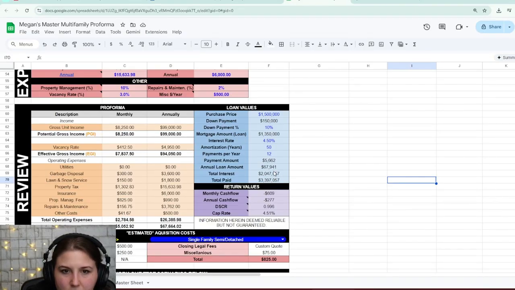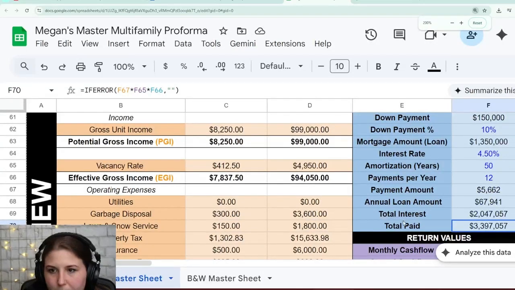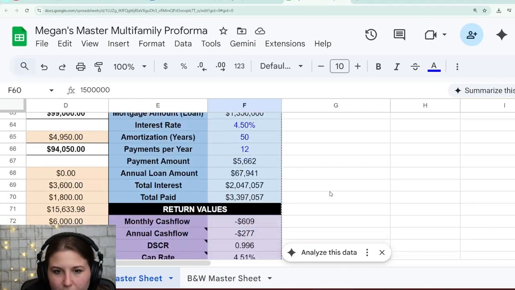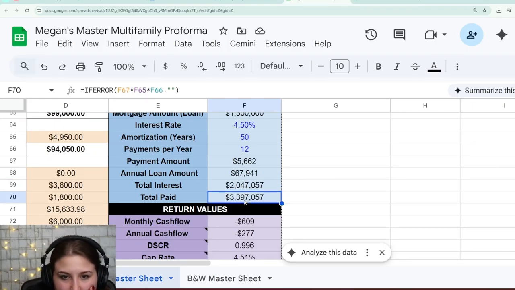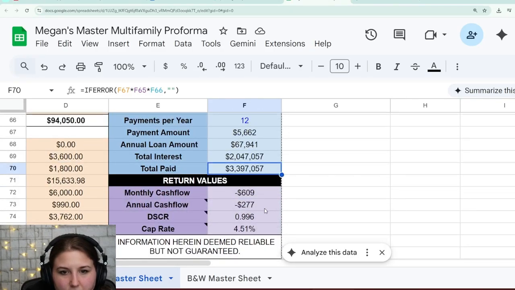Total interest paid. Total paid. This is what they don't tell you about with 50-year amortization. Look at that. You buy it for, let's say, 1.5, and you pay 2 mil just in interest. God damn. I don't think this property works.